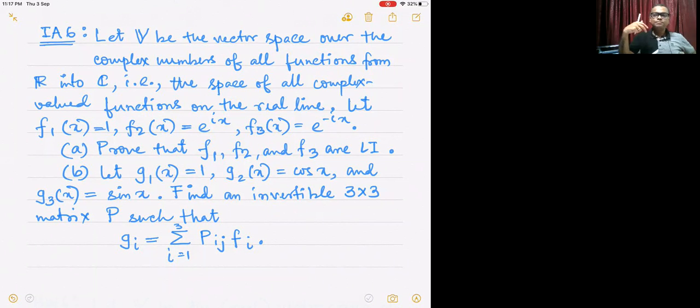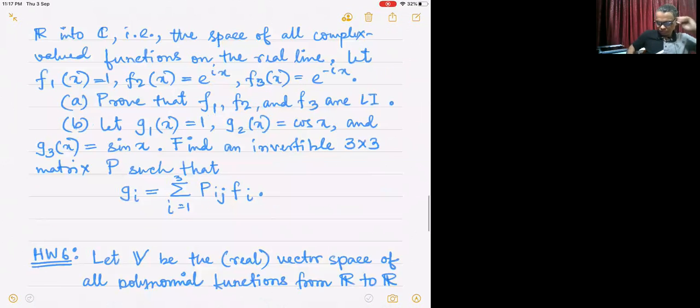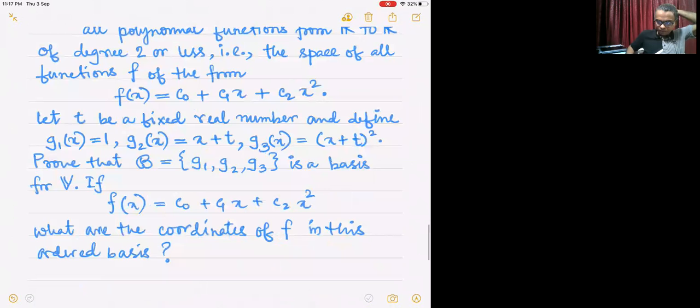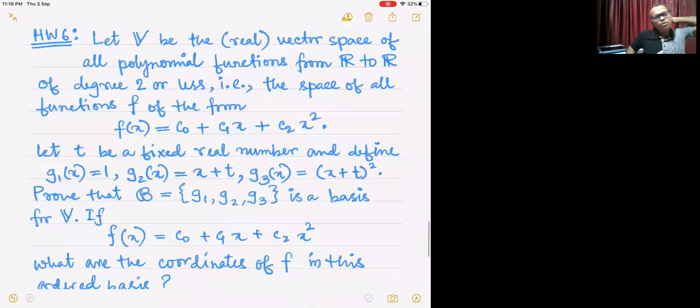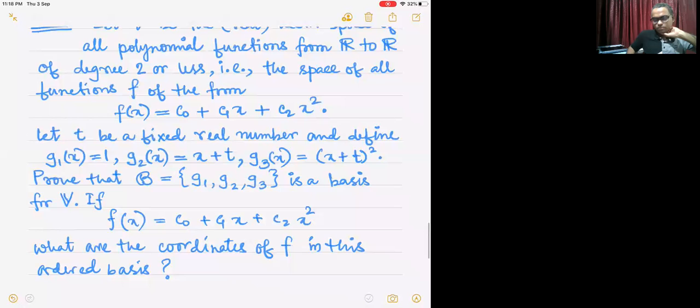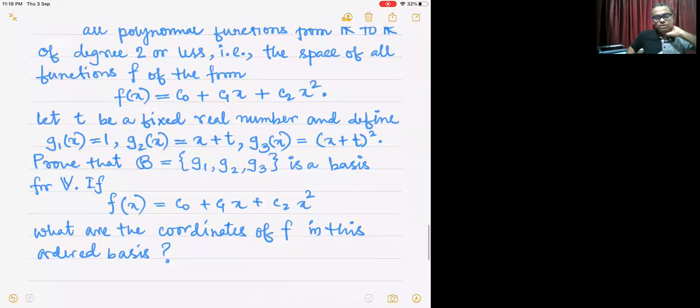So it's like a new basis. See how the 2 bases are related through this P matrix. That's what you have to find out. And then there is one homework problem which is similar, but now we are using polynomials instead of trigonometric functions. So try this one.